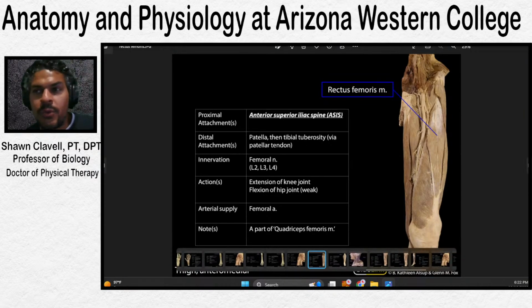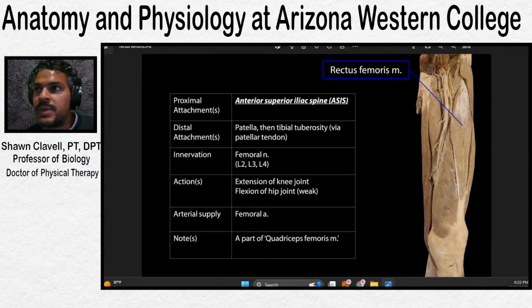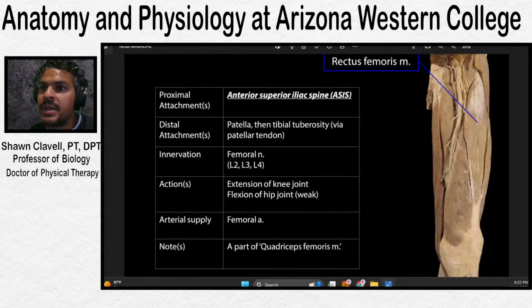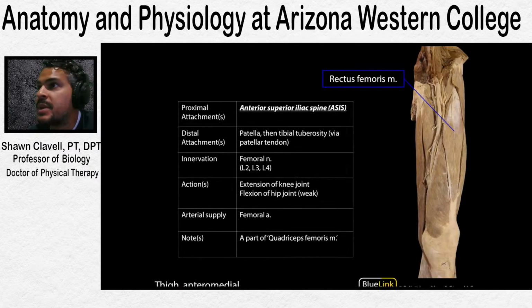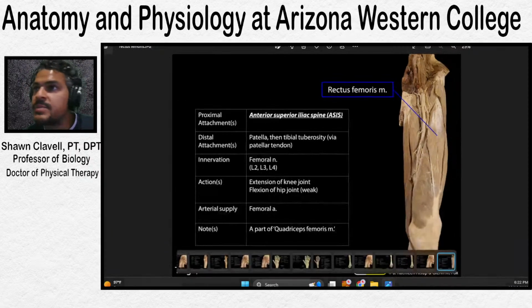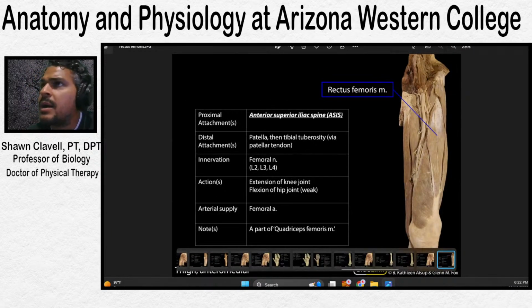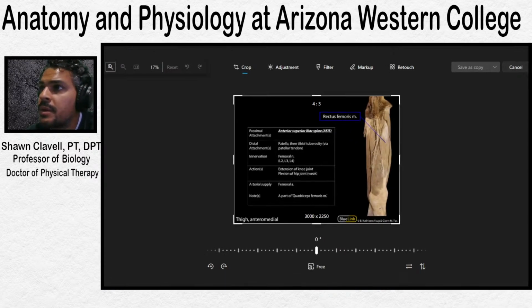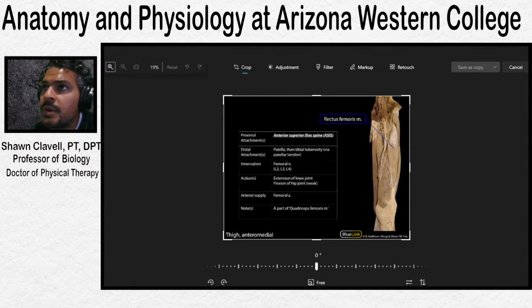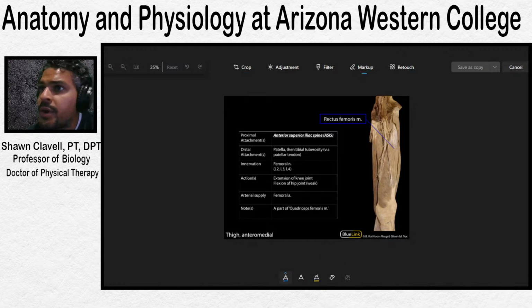So again, the origin or insertion might be referred to as the proximal or the distal attachment point. What we want to know for this class is going to be the proximal attachment. Let me see if I can document here for you guys, give you that view, give you the markup.